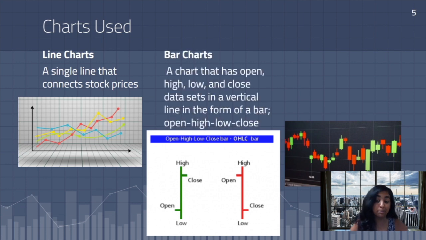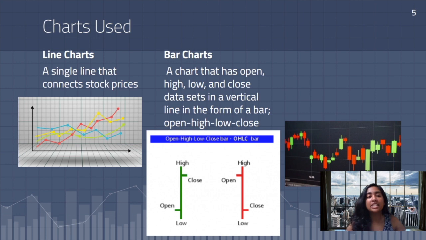Next is a bar chart, which has open, high, low, and closed data sets in a vertical line in the form of a bar. It's also referred to as an open, high, low, close, or OHLC chart. Basically, bar charts show many price bars over time, and each bar reflects changes with prices, just as line charts do.